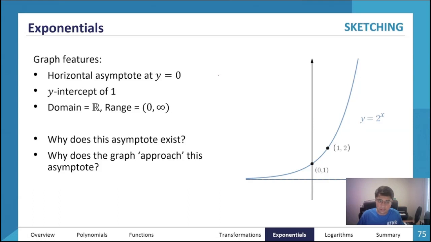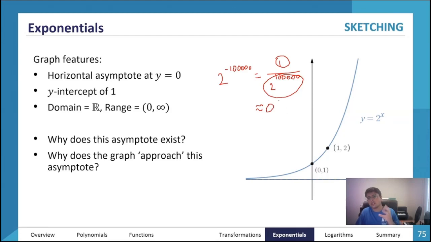2 to the negative 100,000. Using an index law, this is going to be equal to 1 over 2 to the 100,000. We know that this is a huge number, and this is obviously just 1. So 1 divided by a huge number is going to give us something very, very close to 0, but not quite 0.